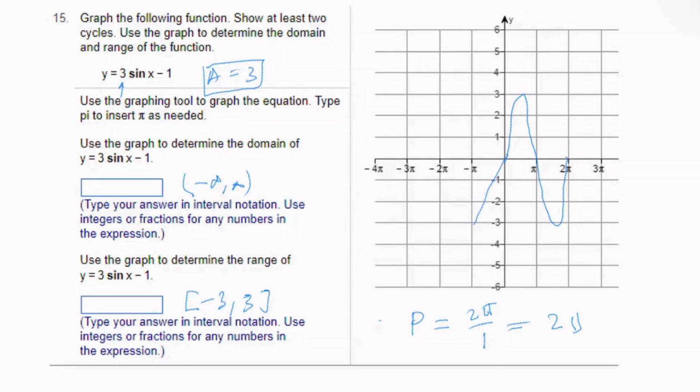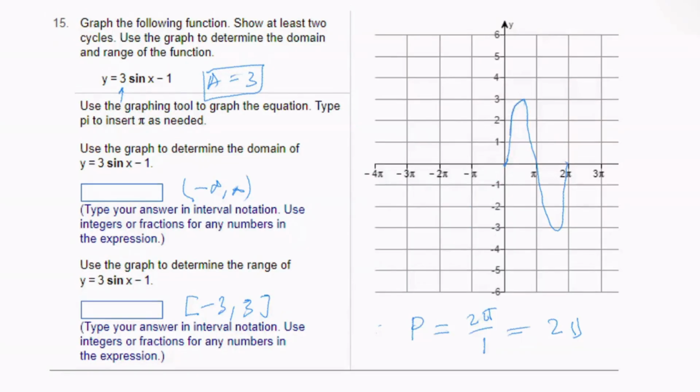Then I think it should be like that. I mean, this is symmetric, so it should be like that. Then I think it will pass at 3 and drop at 4, something like that.